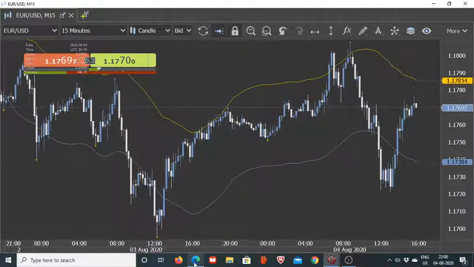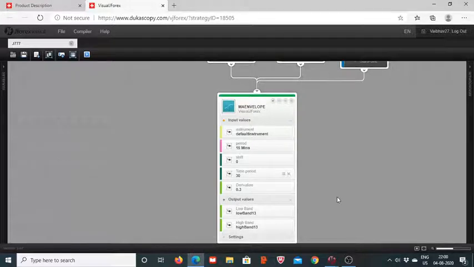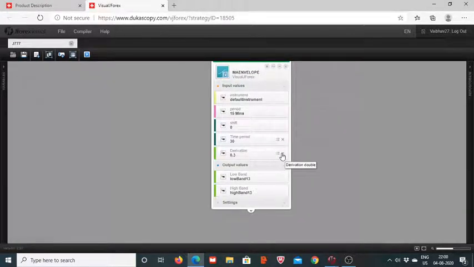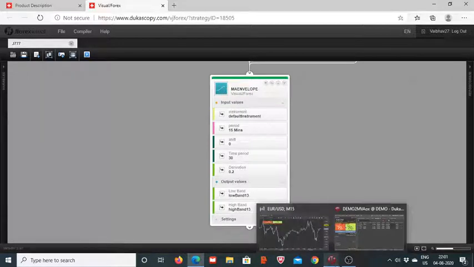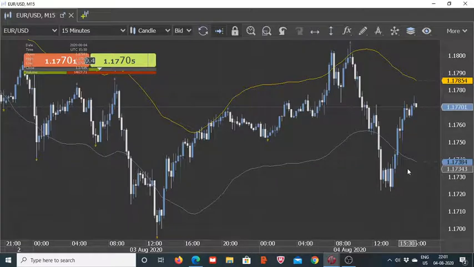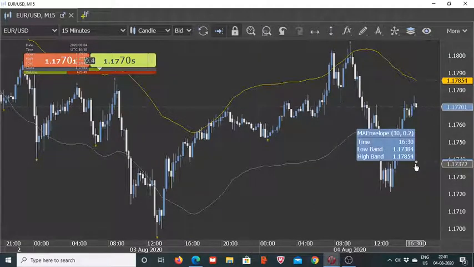So let us go back and change the configuration. In this variable we write 0.2. Now the standard deviation has been changed to 0.2. Shift is the look-back period. Suppose we use the value 0 for shift, then the current value of this moving average envelope will be taken into account.